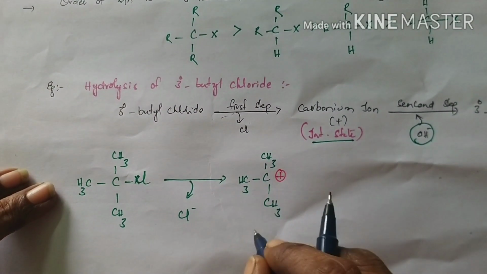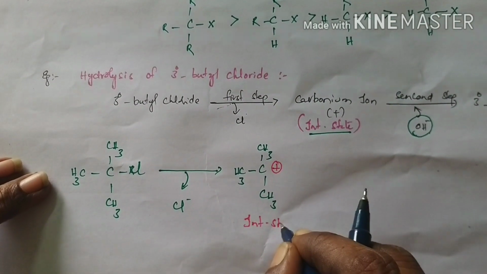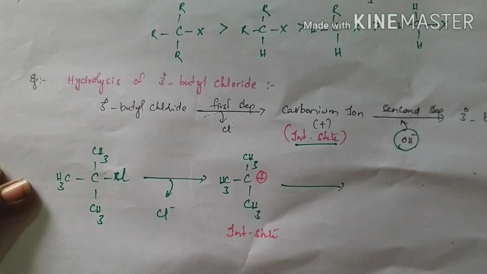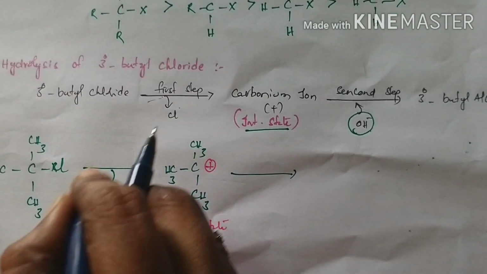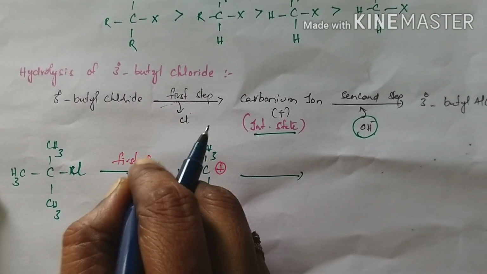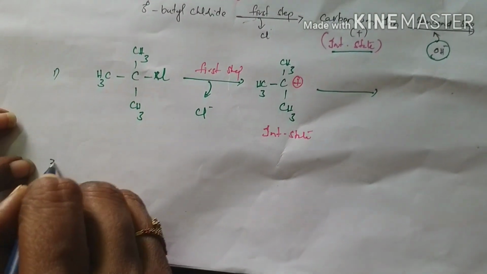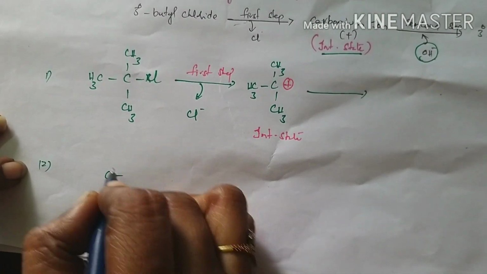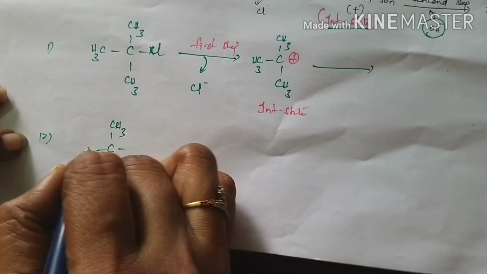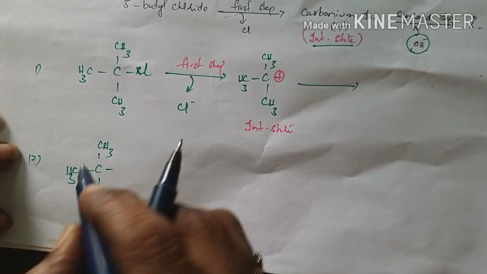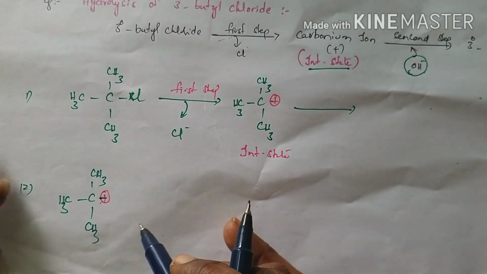So this is the intermediate state. This is the first step. In the second step, CH3, CH3, CH3, so this is the carbonium ion.